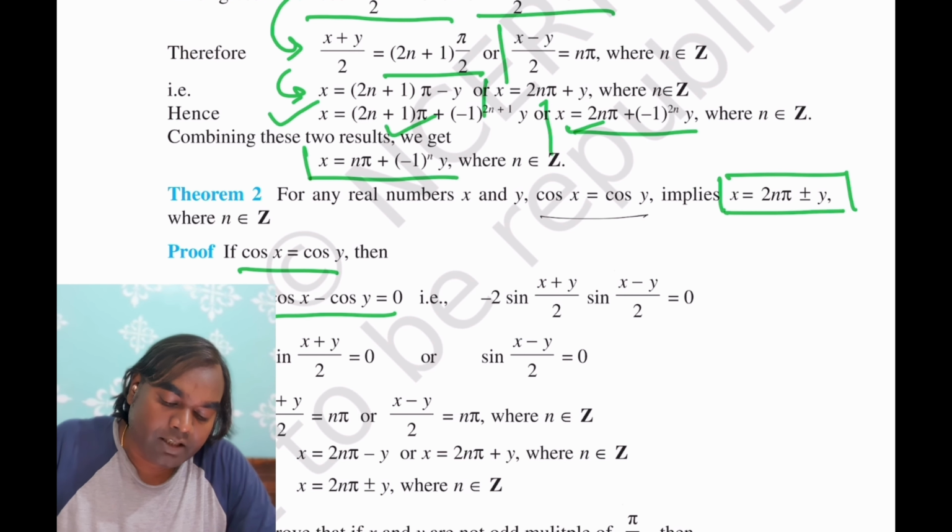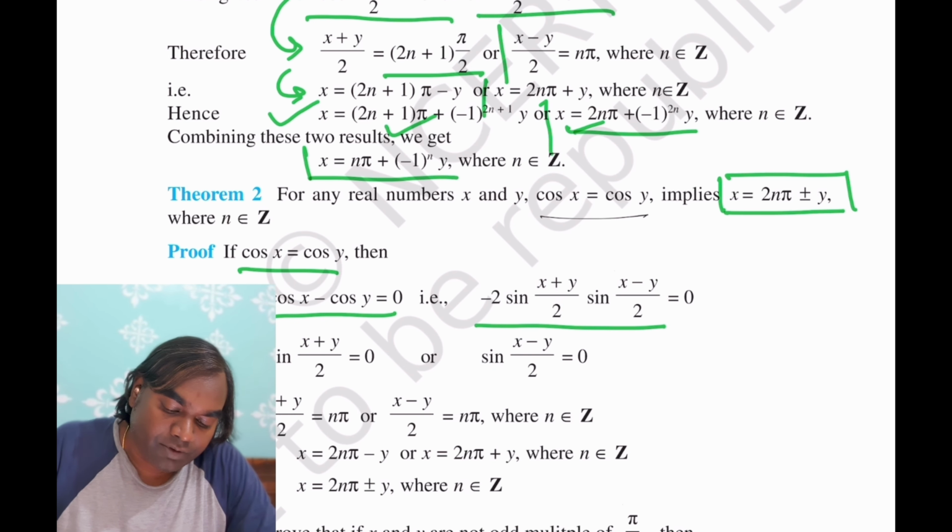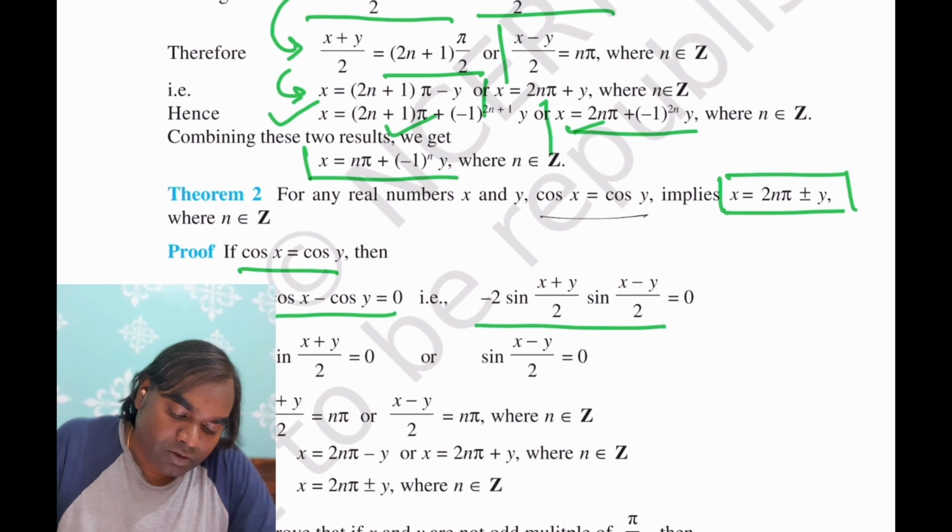By using the relation, cos x minus cos y is equal to minus 2 sin((x plus y) by 2) sin((x minus y) by 2) is equal to 0. Therefore, either sin((x plus y) by 2) is equal to 0 or sin((x minus y) by 2) is equal to 0.